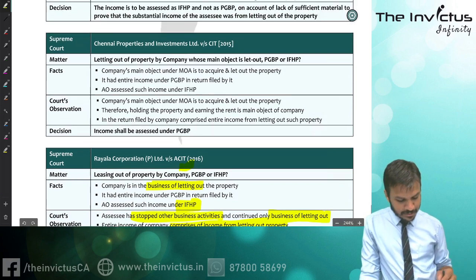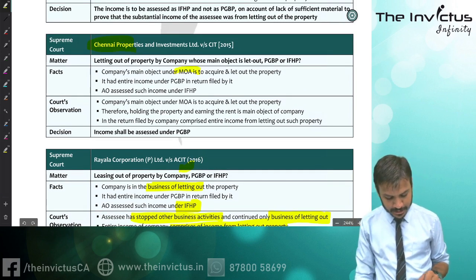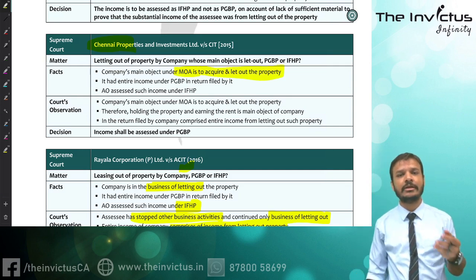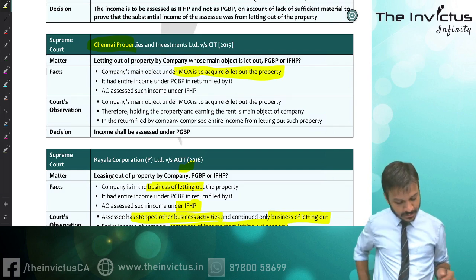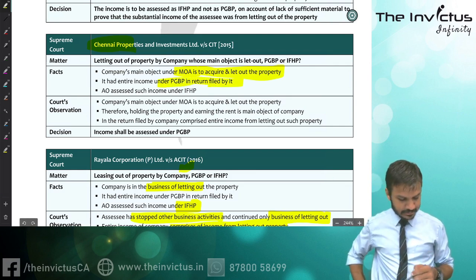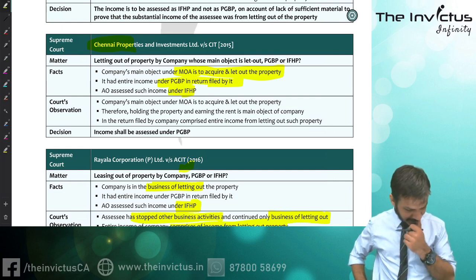Now in the case of Chennai Properties, what happens? The company's main object under the MOA is to acquire and let out the property. The main object is written in the memorandum itself. It had shown entire income under PGBP in the return filed by it. The AO assessed such income as IFHP. Once again, there is a dispute, right? So the court will interfere.